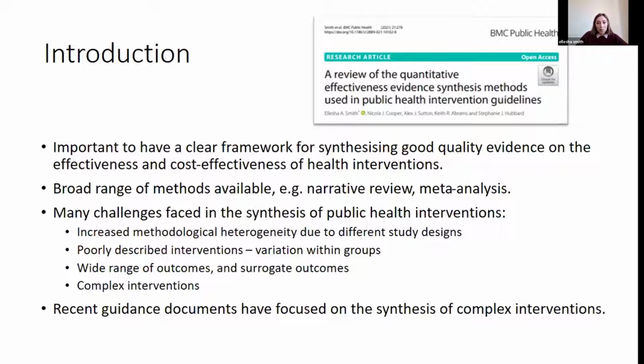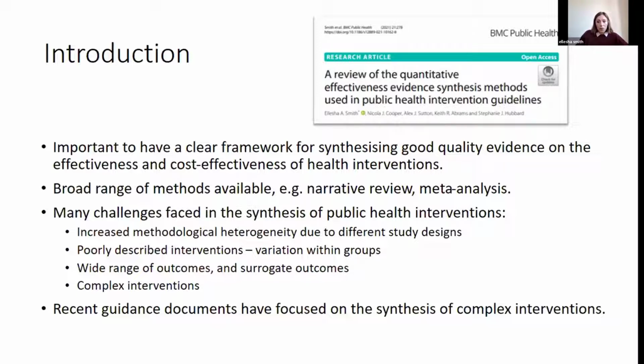Quantitative methods are widely used in the synthesis of evidence in clinical trials, where the evidence base usually consists of randomized controlled trials, and the interventions are well defined. However, they are not used as often in public health due to the many challenges that are faced in synthesizing public health interventions.